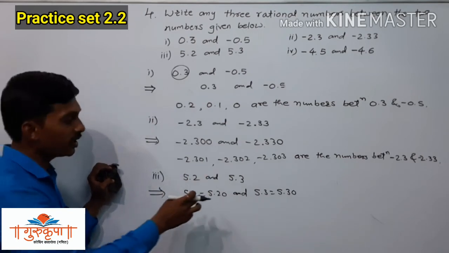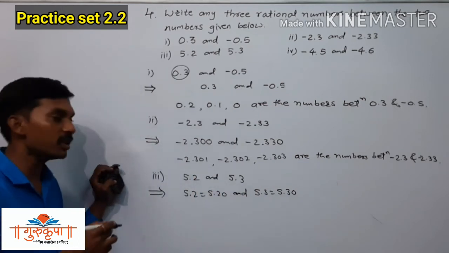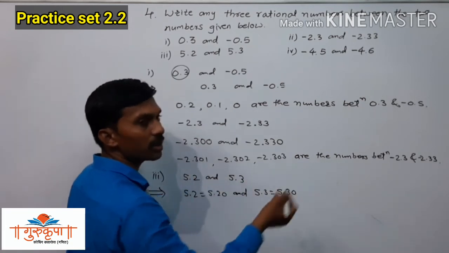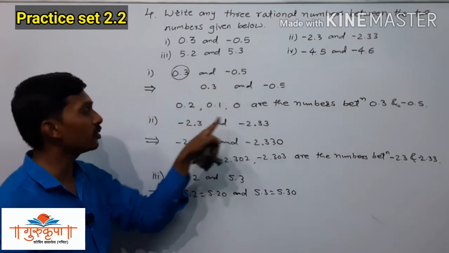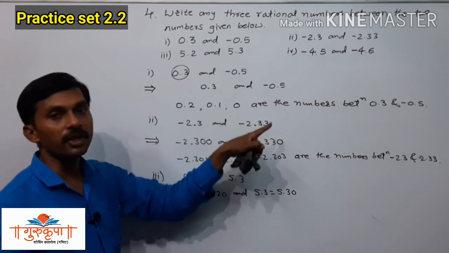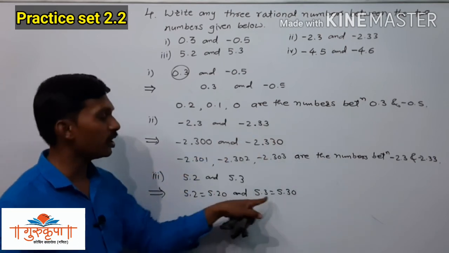Since both the numbers are positive, you can easily write the numbers, or you can take the help of the number line. Where one is positive and another is negative, or both the numbers are negative, we take the help of the number line. Here we have no need to take the help of the number line.